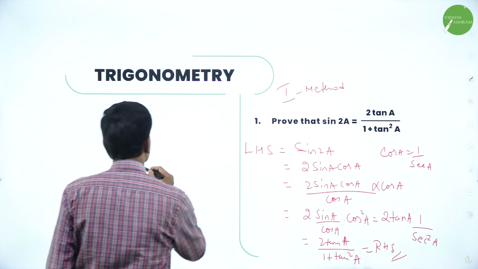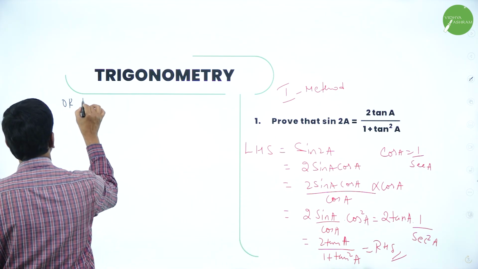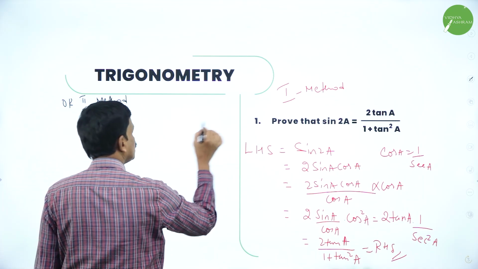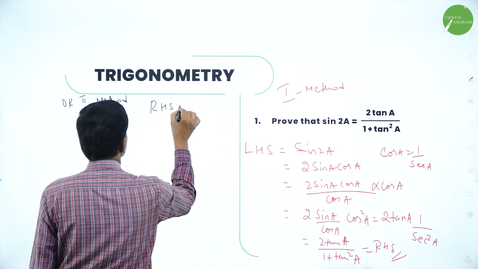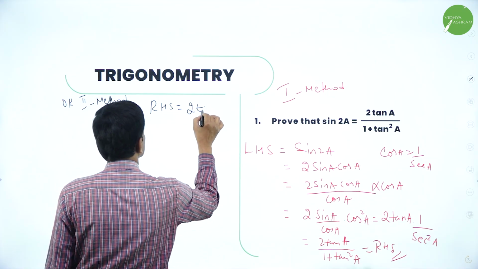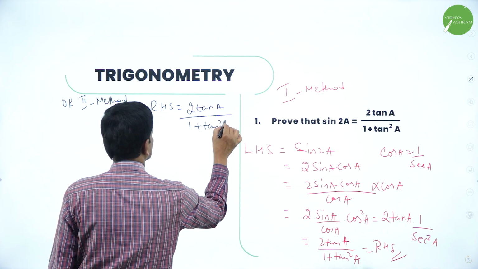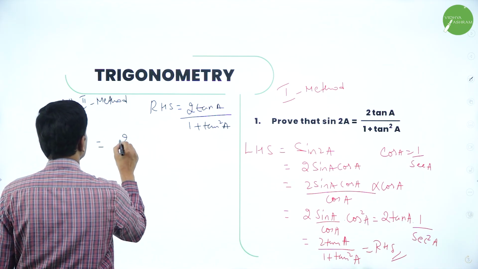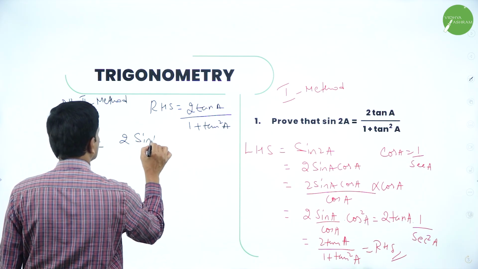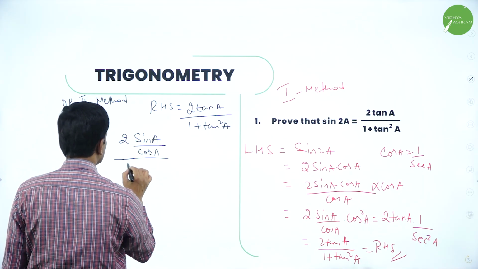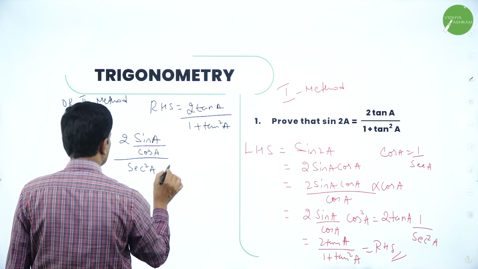Now the second method: take RHS. What is RHS? 2 tan a divided by 1 plus tan squared a. So tan a can be written as sin a divided by cos a, and 1 plus tan squared a is equal to sec squared a.